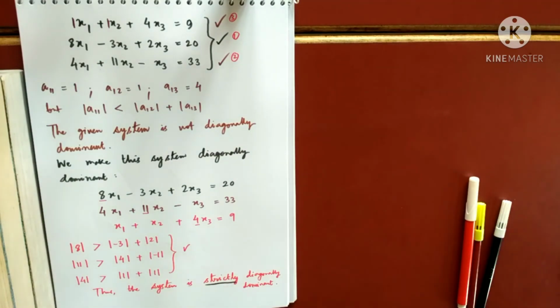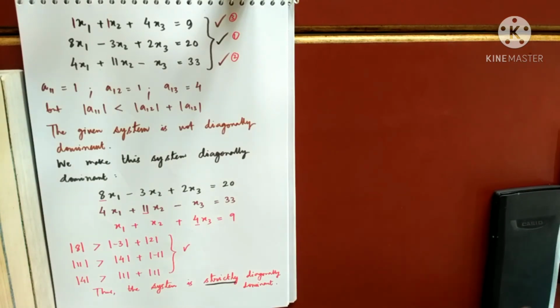So now, why did I teach you about the diagonally dominant system? Because we are now doing numerical methods of solving systems of linear equations. I have already taught you one method, Gauss elimination. Now the two methods which I will be teaching further are Gauss-Jordan and Gauss-Seidel. When solving sums using these two methods, my equations must be diagonally dominant.